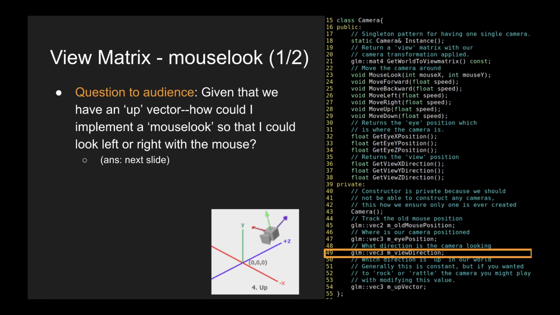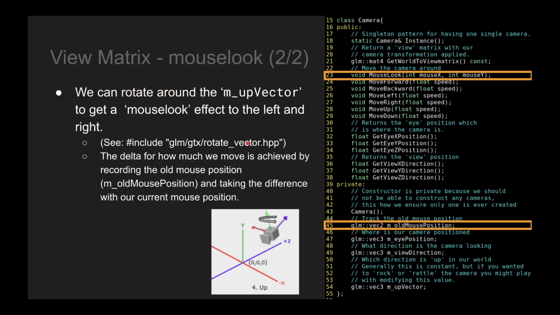So that's a rotation, which means we need to do some rotation about some vector here. Luckily for us, and the reason that we're using the glm library, and this is your big hint, is you have a function here for rotating a vector. And then you just have to figure out what axis you are rotating about. Again, if your up vector aligns with the y-axis, well, you're just rotating about the up vector.